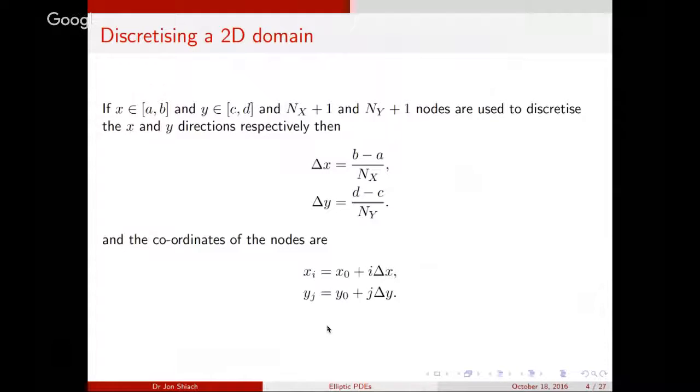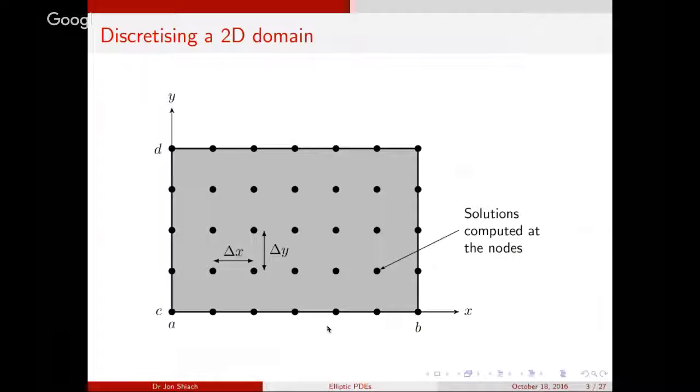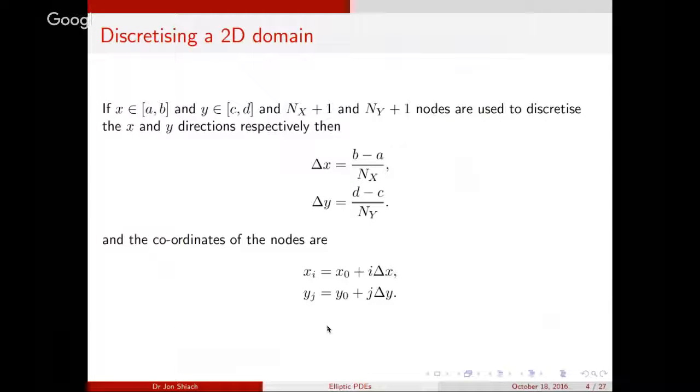I've chosen 1, 2, 3, 4, 5, 6, 7, so I've got 7 nodes across there, so my nx would be 6. Sometimes we use the plus 1, sometimes we don't. So delta x is b minus a over nx. In that case nx was 6, so whatever b and a are, divided by 6, gives us our delta x. Very similar for delta y.